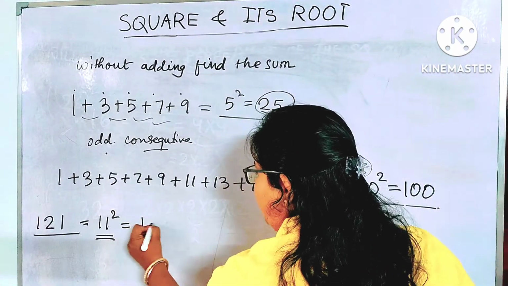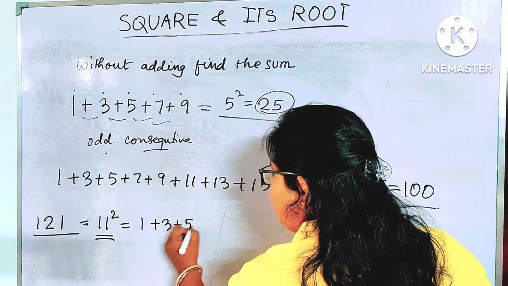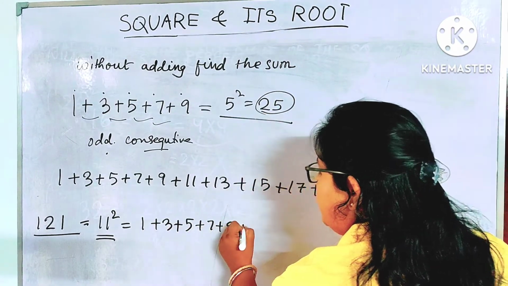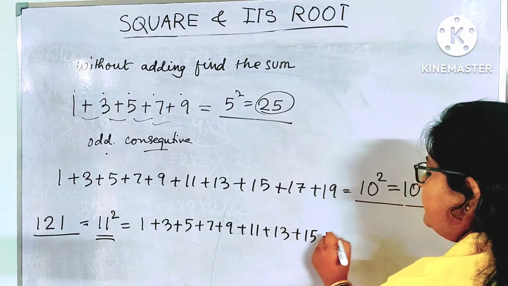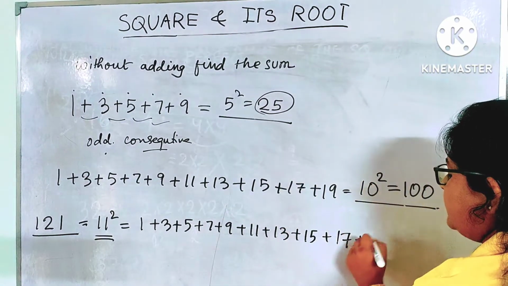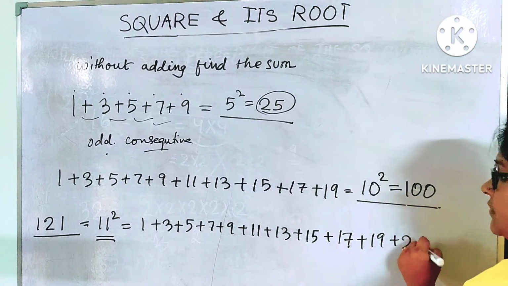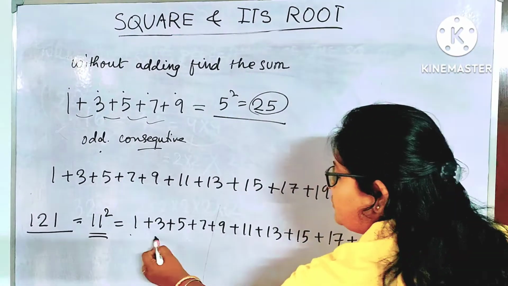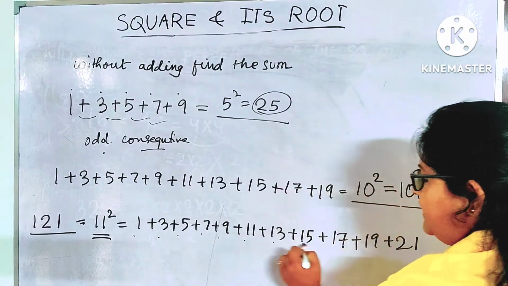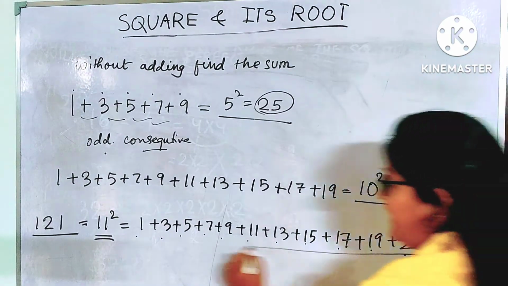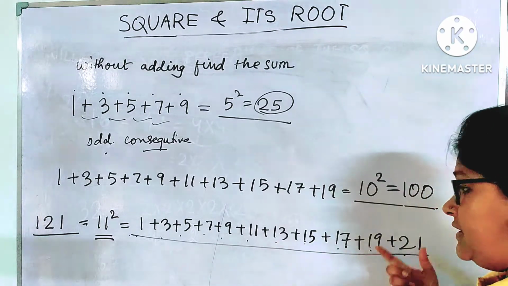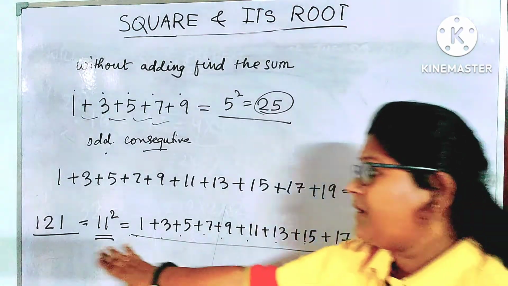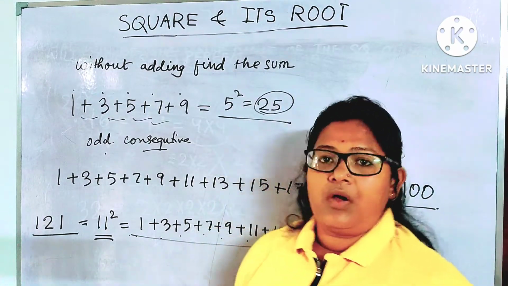Okay. 1, 3, 5, 7, 9, 11, 13, 15, 17, 19, 21. Let's count first. 1, 2, 3, 4, 5, 6, 7, 8, 9, 10, 11. Yes, exactly 11 odd consecutive numbers, when written in this way, can express 121.